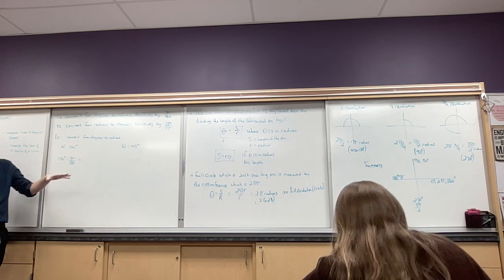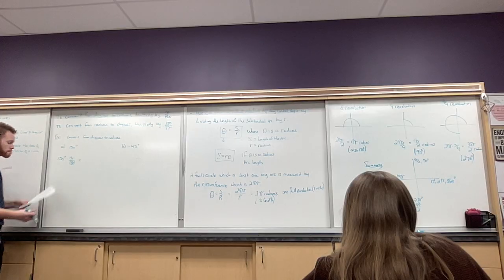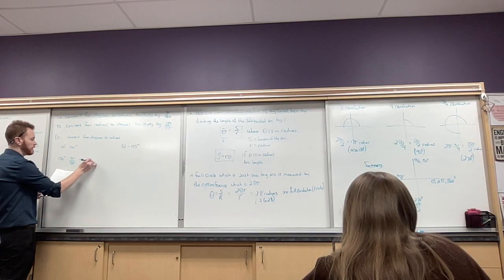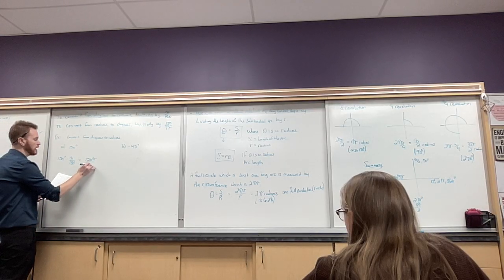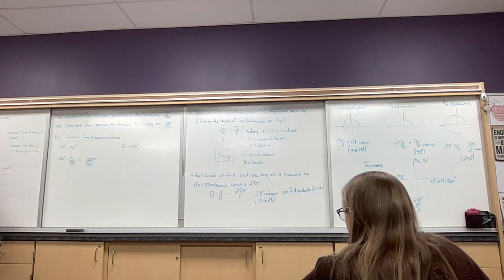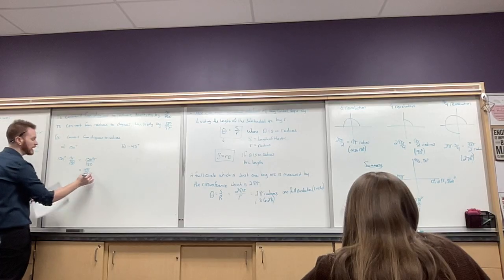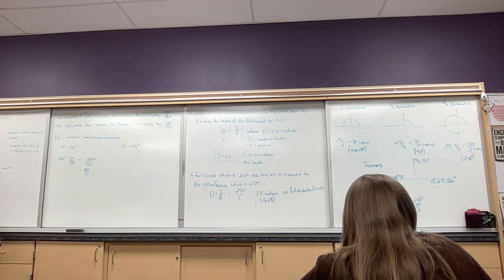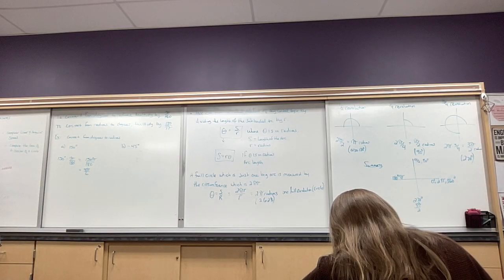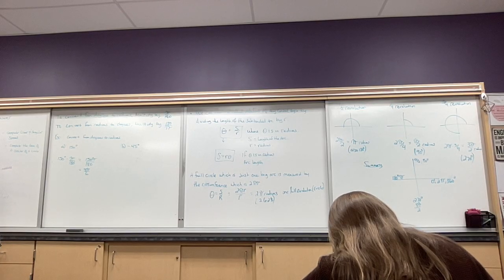So this becomes unitless, which is what radians are. So this becomes 150 pi over 180. And if you can reduce, you want to reduce. And this does reduce. This reduces down to 5 pi over 6. And again, you don't have to write the word radians. It's understood that it is a radian measurement. If you want to put RAD, you can do that as well.